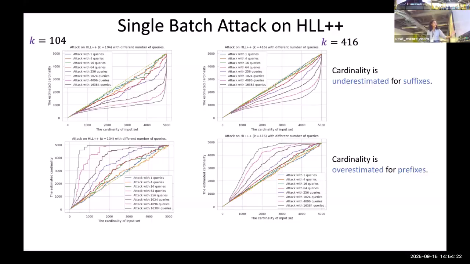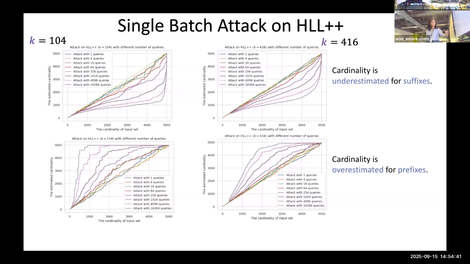So for a set of size 1,000, we kind of expect something around 1,000. But then we can see that we are violating this as we go by the scores.